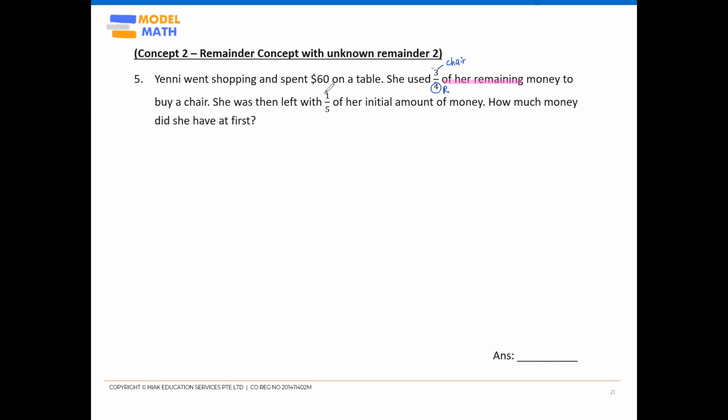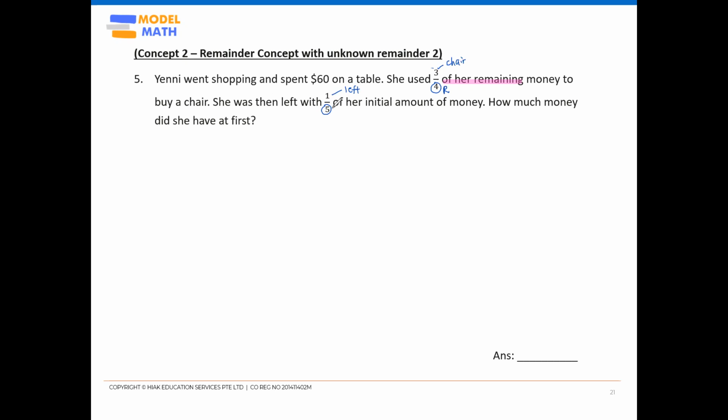Now what about this 1 and 5? She was then left with one-fifth of her initial amount of money. So your 1 here, she was left with 1 out of 5. That means the 1 here is the leftover. And the 5 here: the word initial means the original.